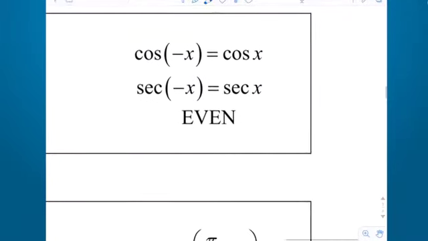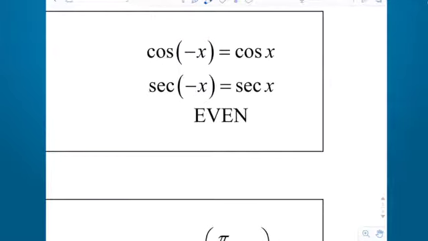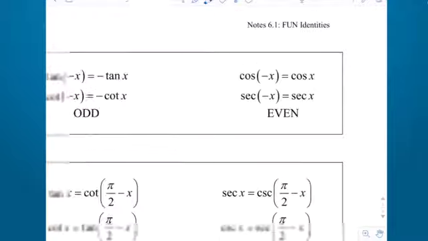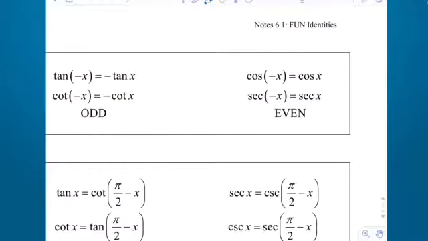And then cosine and secant, you could just get rid of the negative. Cosine of negative x is cosine of positive x, and the same with secant. So if you ever have a proof and you see negative angles, negatives inside, you're going to be using the even and odd identities to bring them out front or get rid of them, depending on whether it's odd or even, respectively.